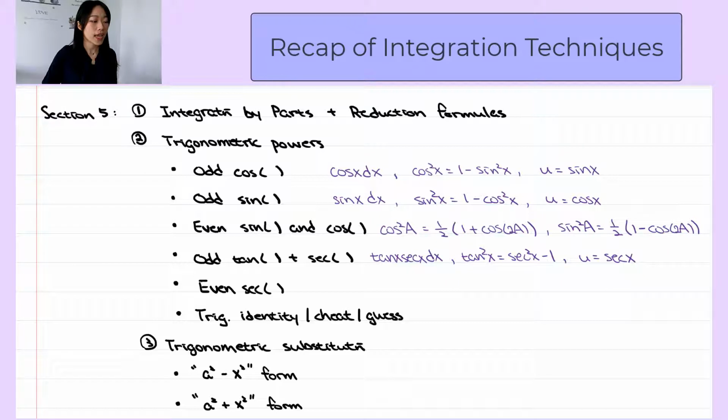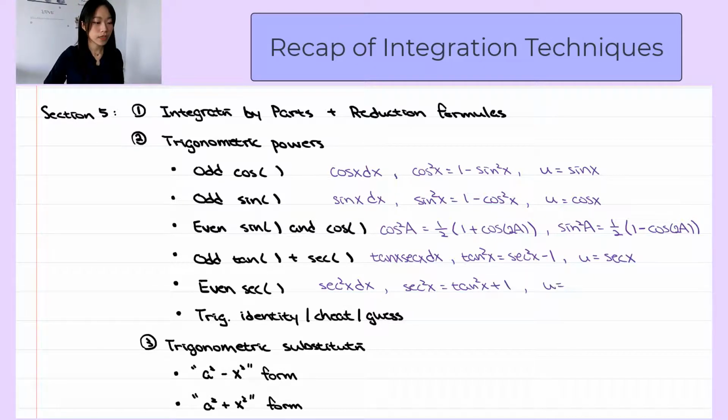Then the fifth case, when we have even powers of the secant function. First, we take 1 secant squared aside with dx, then use the identity secant squared equals tangent squared plus 1, and let u equals tangent of x.